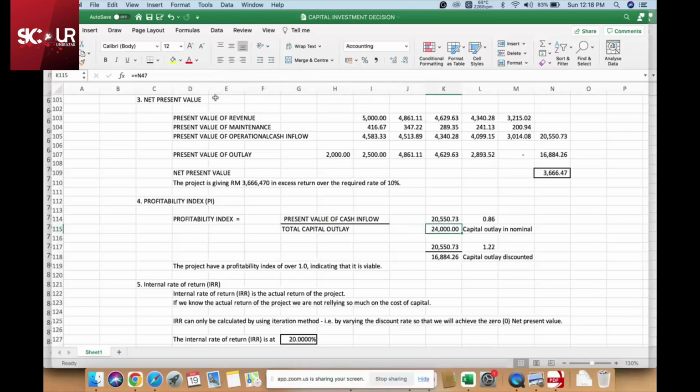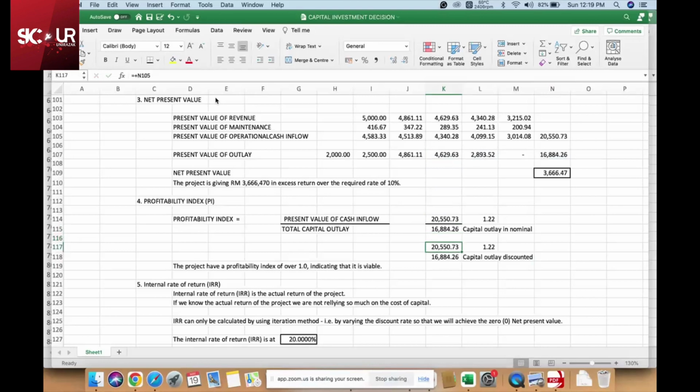We take from here the present value of cash inflow, 20 million, and the present value of capital outlay here is 6 million.